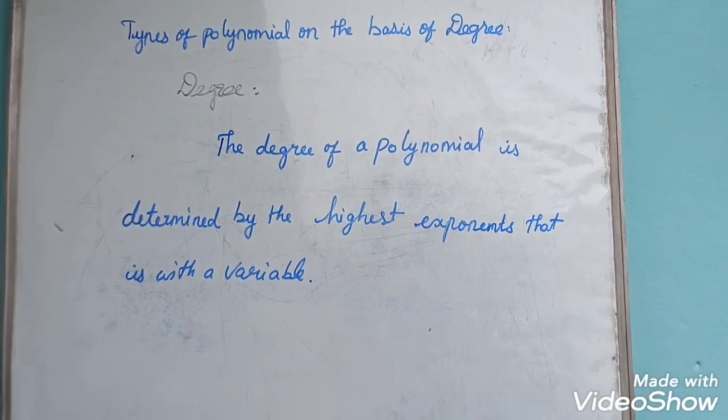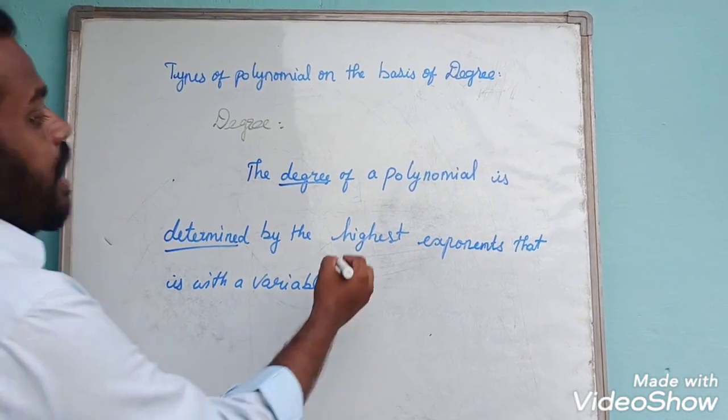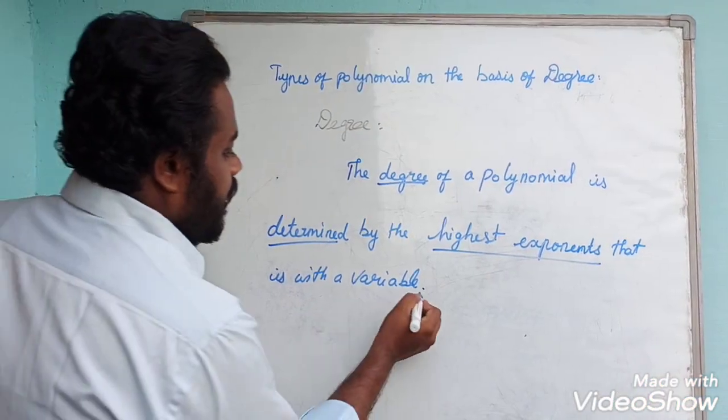So the degree of a polynomial is determined. How do we determine it? The degree can be determined by the highest exponent with a variable.